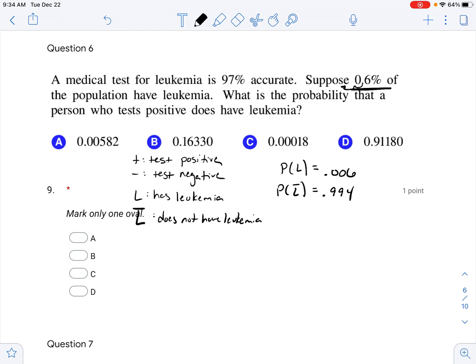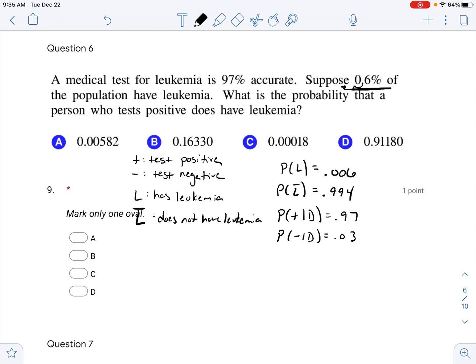Now, in terms of the test being 97% accurate, that's the probability the test comes back positive given you have the disease: 97%. And the probability the test comes back negative given you have the disease will be the other 3%.